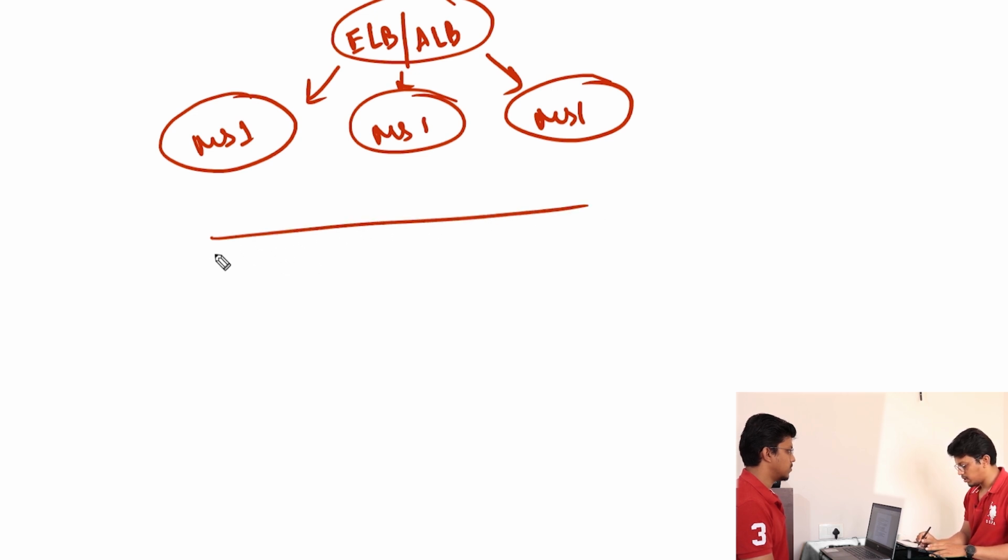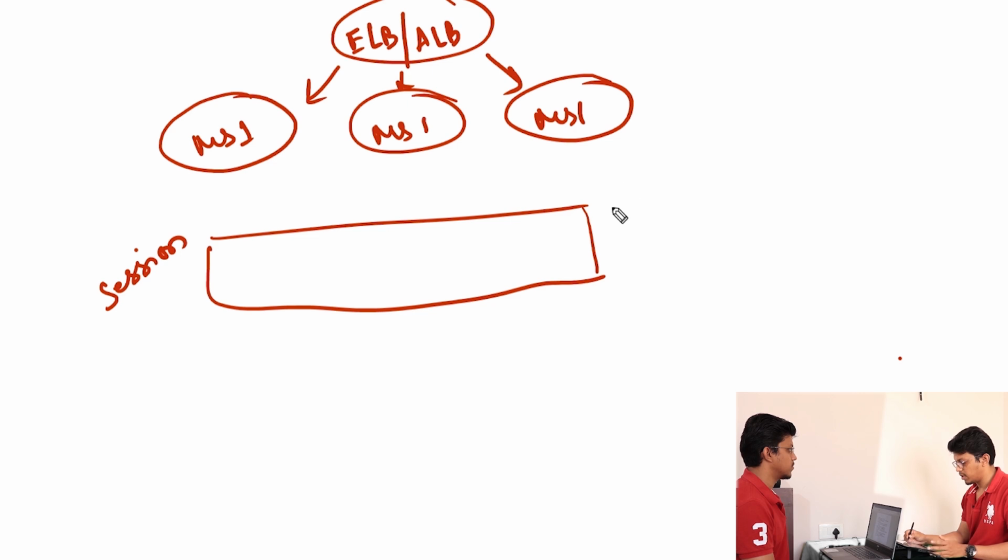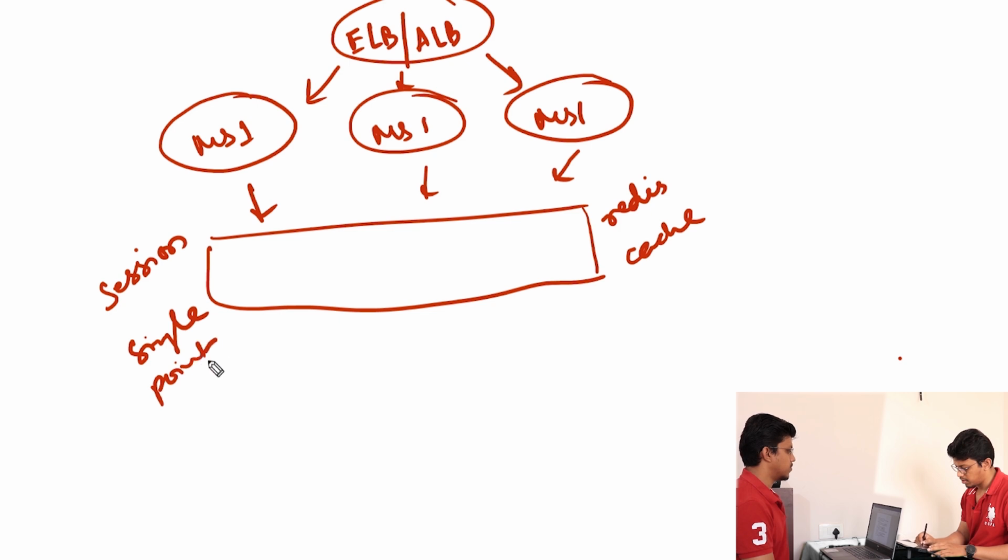For authentication, or preserving the session, we can use Redis or any cache mechanism, and each one will talk. So this one will be the single point of contact, and all of this will be stateless.